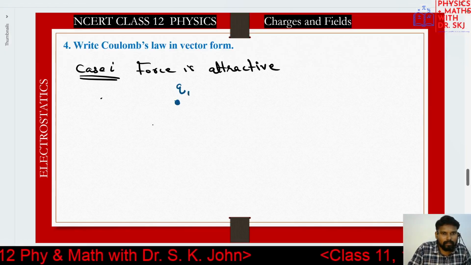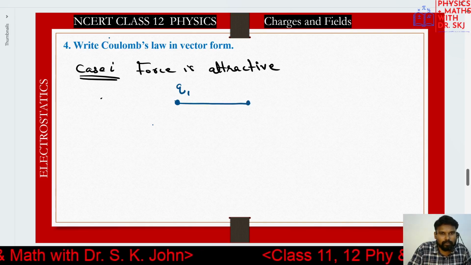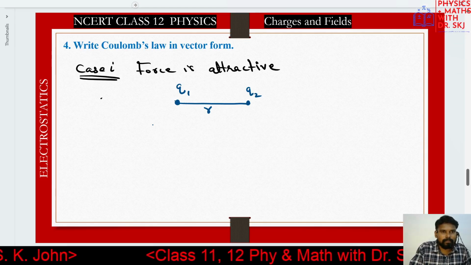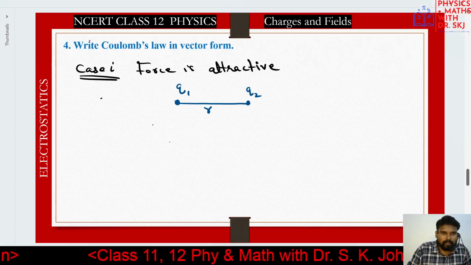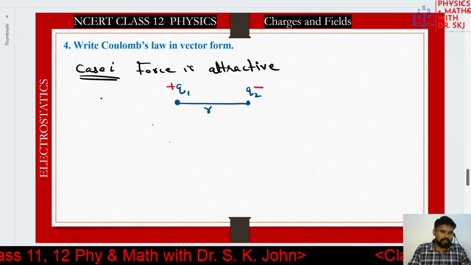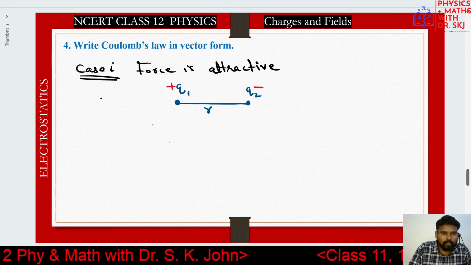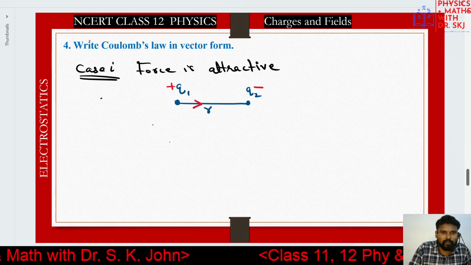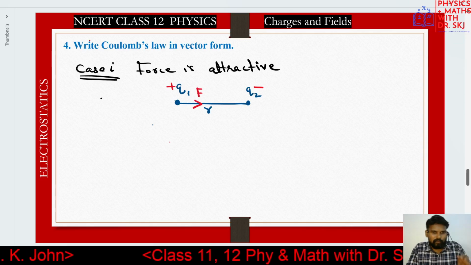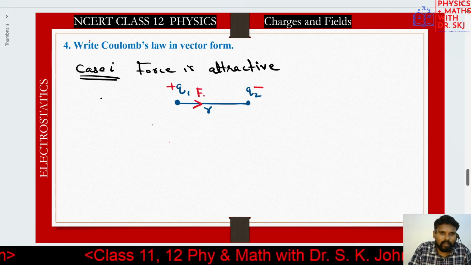So then I will suppose this is Q1 and this is Q2. They are separated by a distance r, and I will mark the forces. Suppose one charge is positive and the other is negative. So there will be attraction. So Q1 will be attracted to the side of Q2. I will write the force experienced by Q1 as F12.